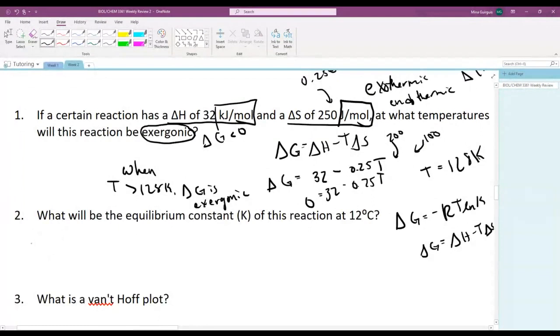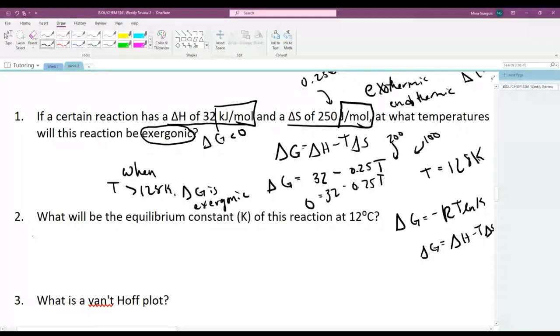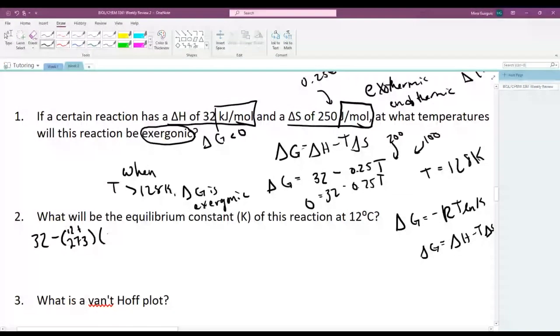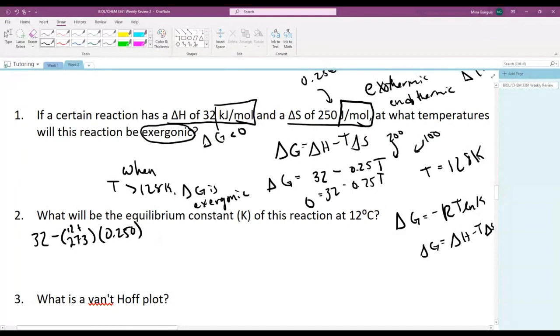Delta H is once again 32 minus, and this time we actually have a temperature. We have 12 degrees Celsius. So we're going to say 12 plus 273, because we need to convert to Kelvin, and then times 0.250, and that's our delta S.